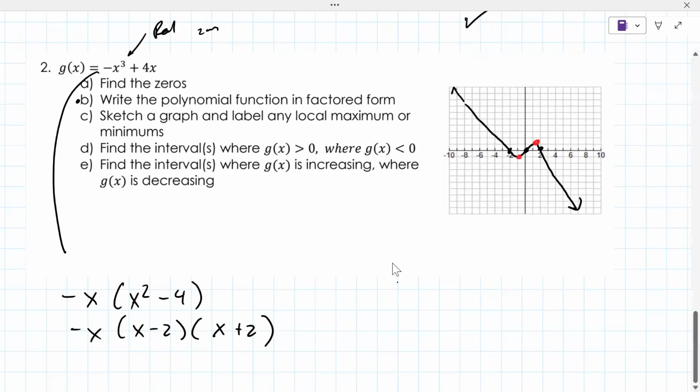That quiz question you showed me, I'll make a comment on that. Finding the windows might be worth a little bit of time to refresh on. Usually I first try the regular default window, -10 to 10 with a scale of 1 on both axes.